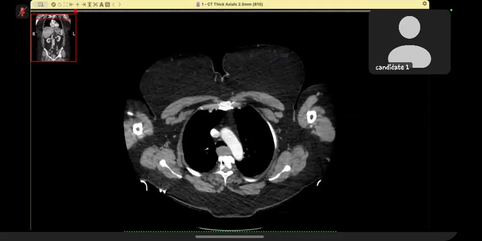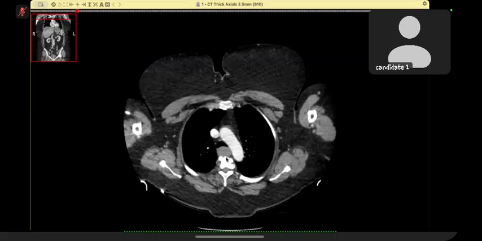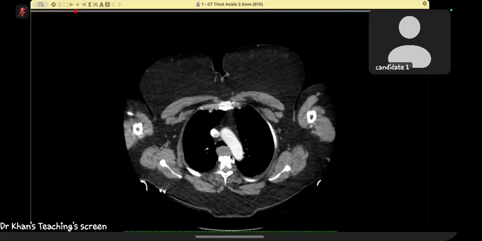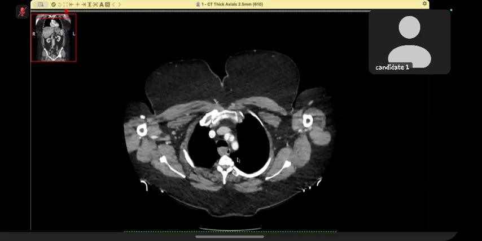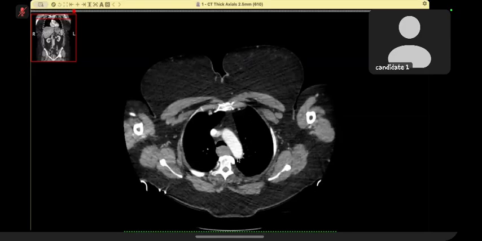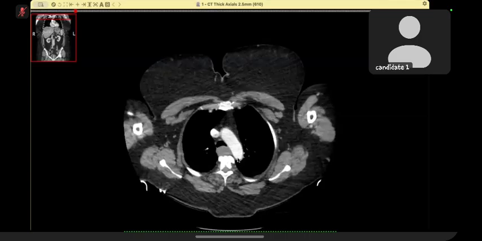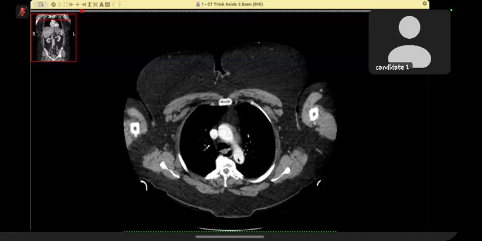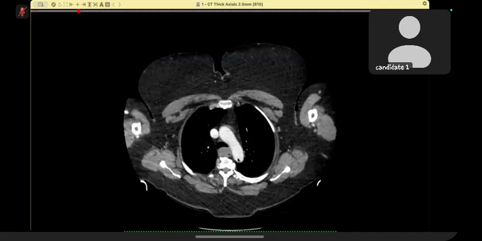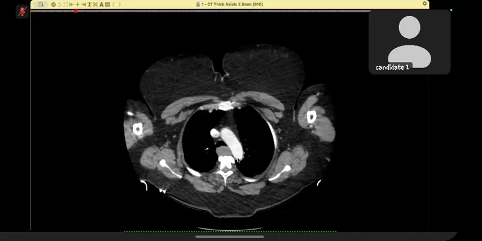The fat planes appear to be lost with the aorta. Considering she's a 75-year-old female, my primary differential will be esophageal carcinoma. I'll also want to view this in a sagittal section for further anatomical characterization.